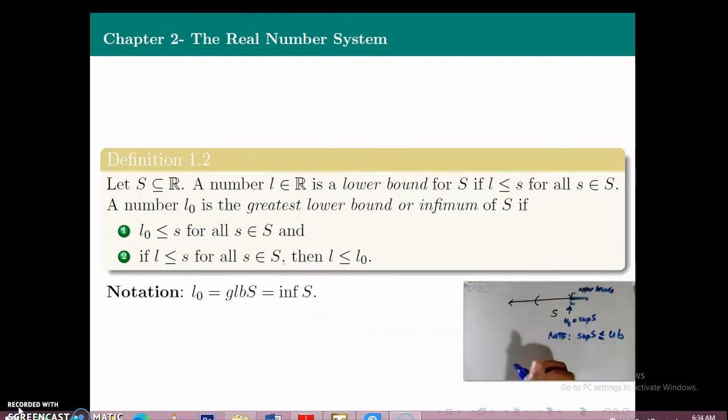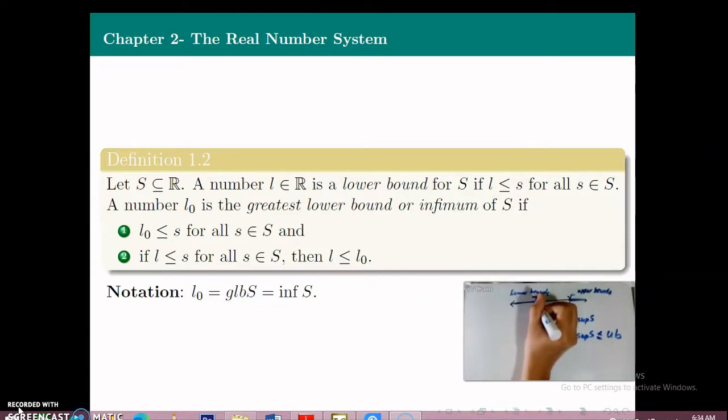Okay, let me have this illustration again. The lower bounds for S are values that are less than or equal to S. So it should be here. These are the lower bounds for S. And for the greatest lower bound or the infimum of S, it is here.